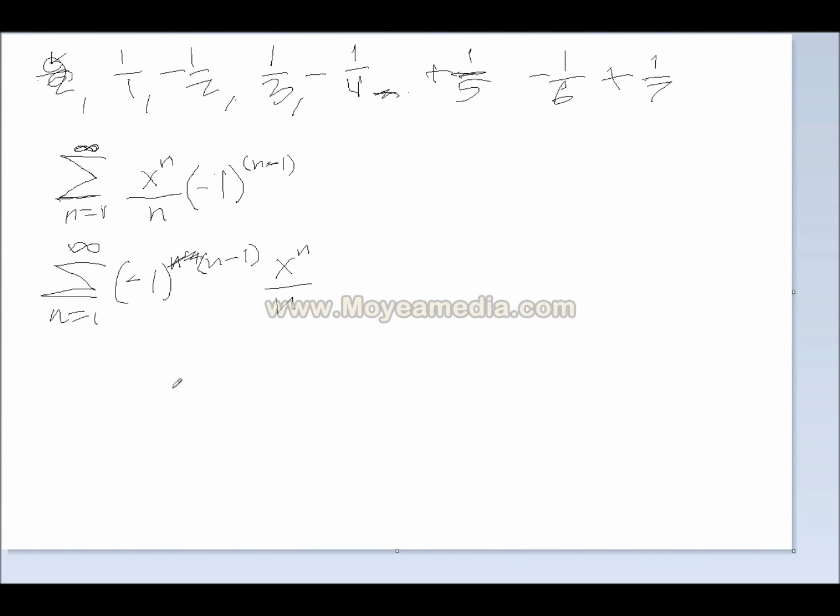And there we have it. That is our infinite series, our Taylor series, for the natural log of x plus 1. Yay! That also means that these two are equal to each other, which is nice.